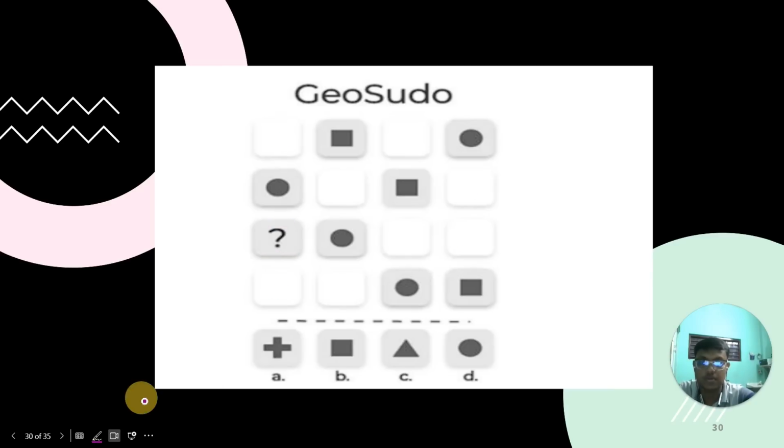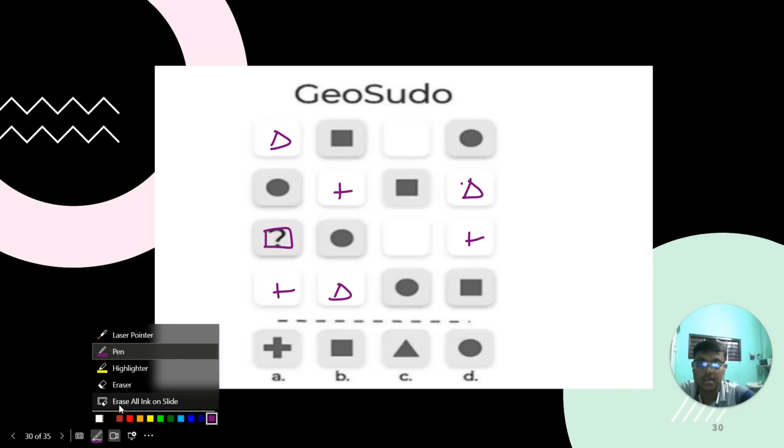I think I made one mistake. Here I placed triangle in the previous attempt. If I place triangle here and plus here, we would have plus here and triangle here and plus here. Now triangle would be placed here. The only option left is square.